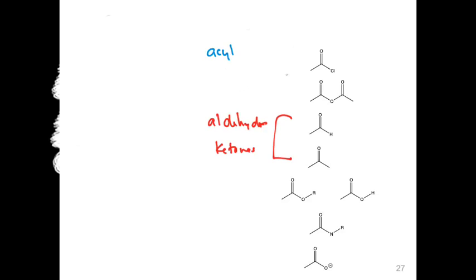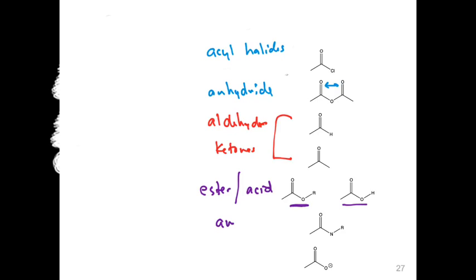Yeah, the acyl halides or acyl chlorides. Specifically here, chlorides, the one underneath. Esters. Anhydride. It's an anhydride because you have two carbonyls. The ester shows up down below. Ester and acid, then amide, and then our carboxylate.